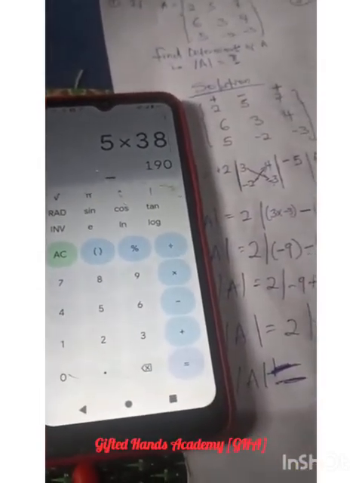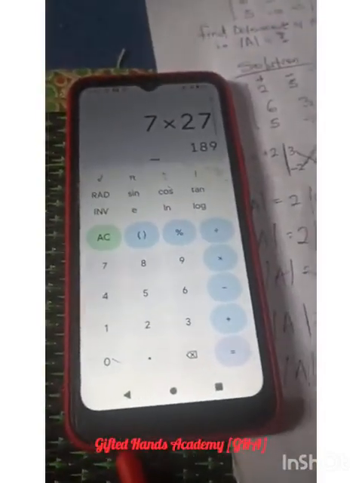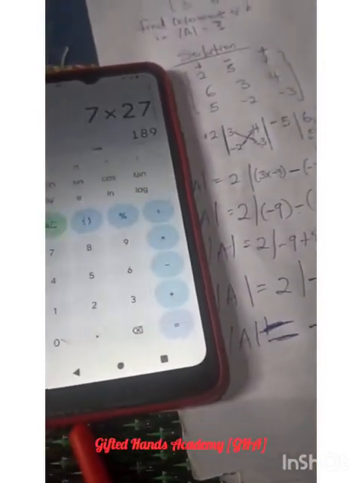Can we see that? Then plus times minus is minus. Then I'll do 7 times 27. I have 189. So that's that for that.